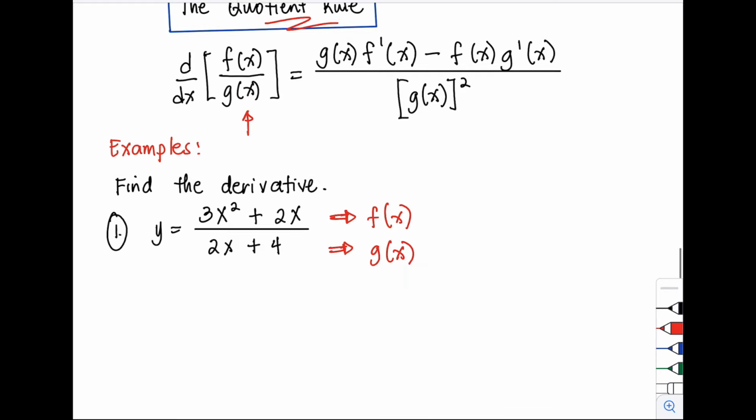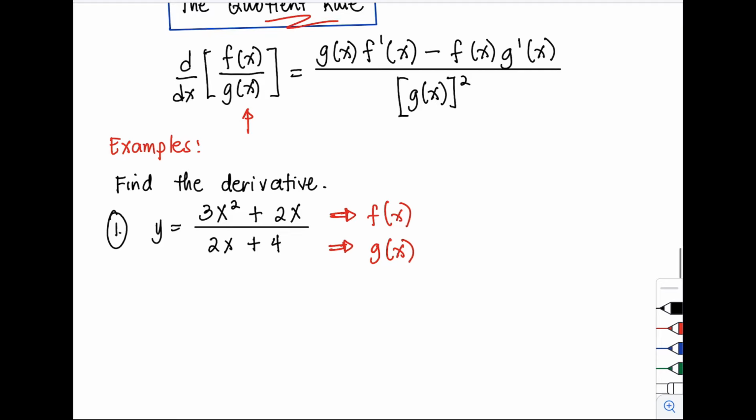Okay, so bago natin magamit guys yung ating formula, kailangan makuha nyo muna yung first derivative ng ating f of x and g of x. So try natin. So ang f of x natin is equals to 3x squared plus 2x. Okay, pag kinuha natin yung kanyang first derivative, i-apply natin yung power formula.